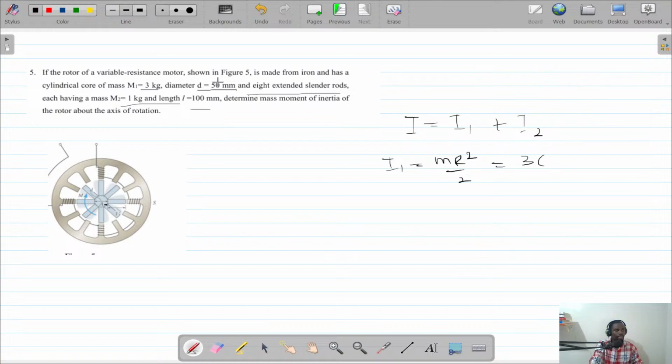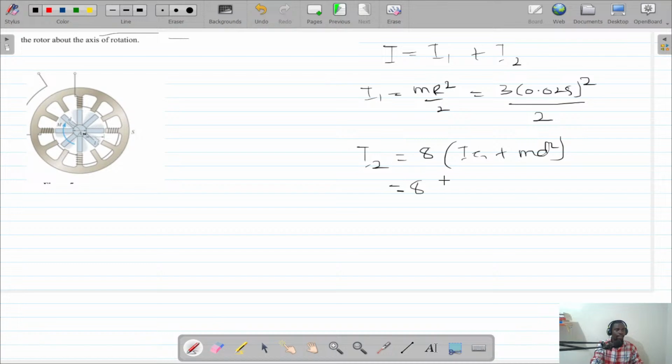The diameter is 50, so the radius will be 25, which will be 0.025 all squared all on 2. Then I2 will be 8 times Ig plus md squared, which is the moment of inertia about the center of the rod plus mass times the distance from the center of the rod to the center of the cylinder.